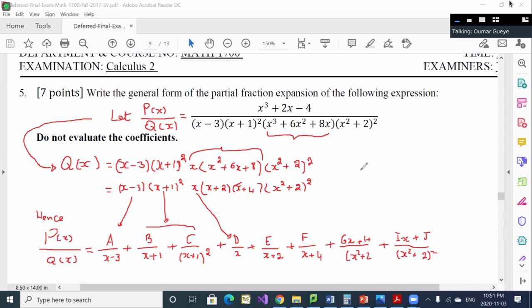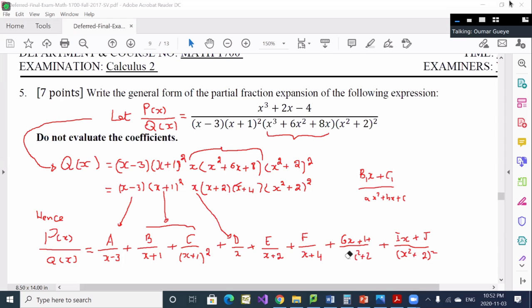In the PowerPoint slide, I use B1x plus C1 over AX squared plus BX plus C, because when the denominator is a quadratic, that's exactly what I have. In this case, for the quadratic, the B is 0, but it's not a big deal. As soon as you know the highest power of x is 2, it's a quadratic.